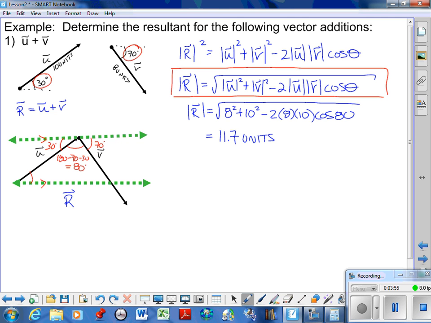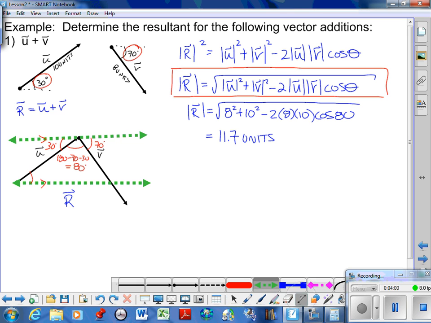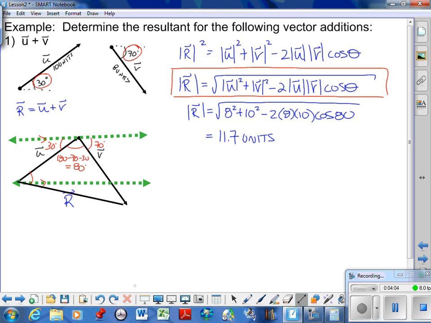I want to find the angle. So that means I want to find the angle of the resultant vector. And the resultant vector is this one right here. It goes along the diagonal. So I need to find the angle, and I want to find the angle from vector u. So that means I've got to use the sine law.